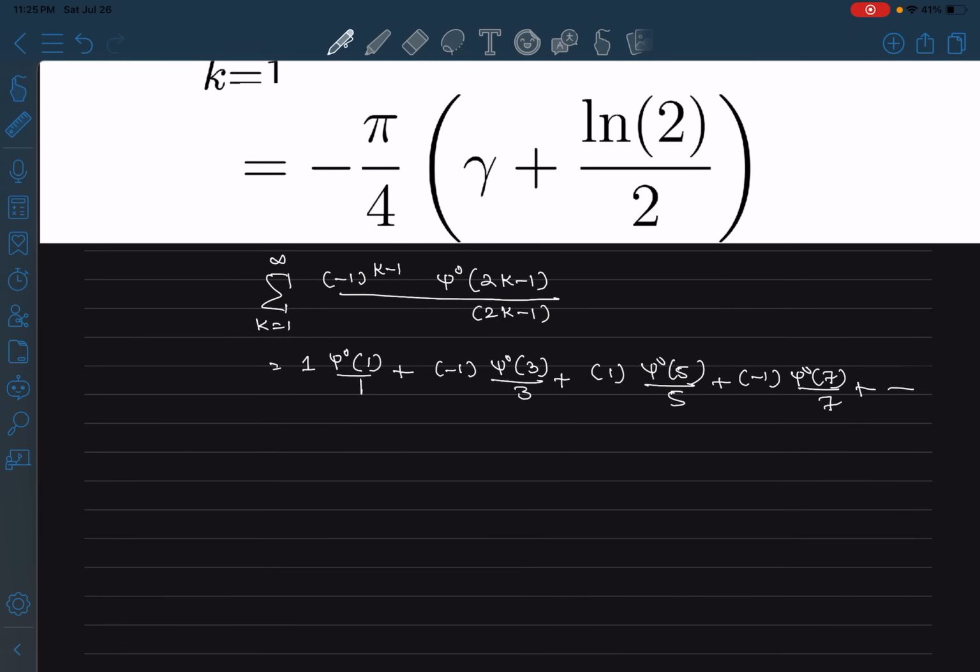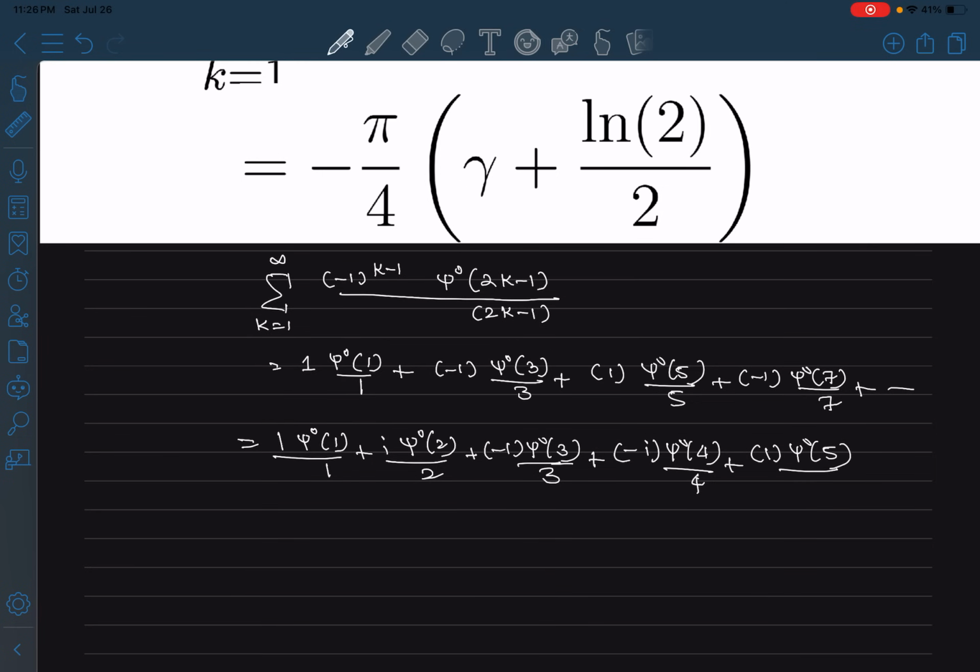But just like this sum, there can also be another sum, like this one. With i, and then again minus, then i squared, which is minus 1, and then again multiply by i, which is minus i with 4, and then again multiply by i, which is again 1 with 5, and so on.